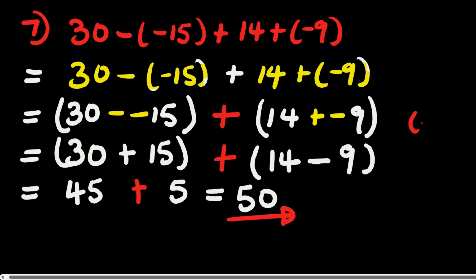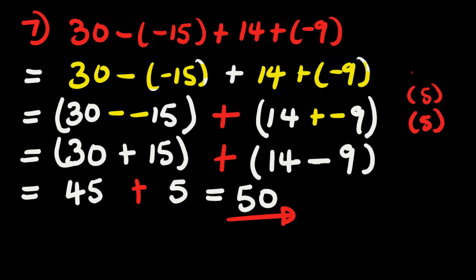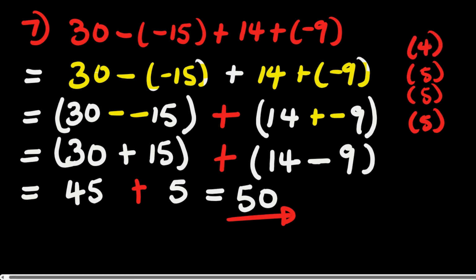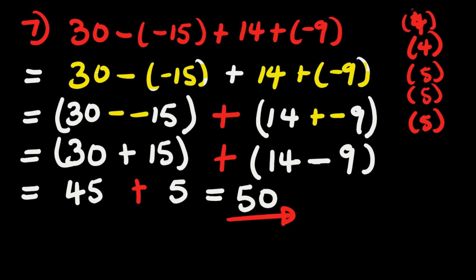Let's say this question is out of 5. Let's say question 6 is out of 5. Question 5 is out of 5 as well. And question 4 is out of 4. Question 3 is out of 4. Question 2 is out of 4. Then question 1, let's say it's out of 2.